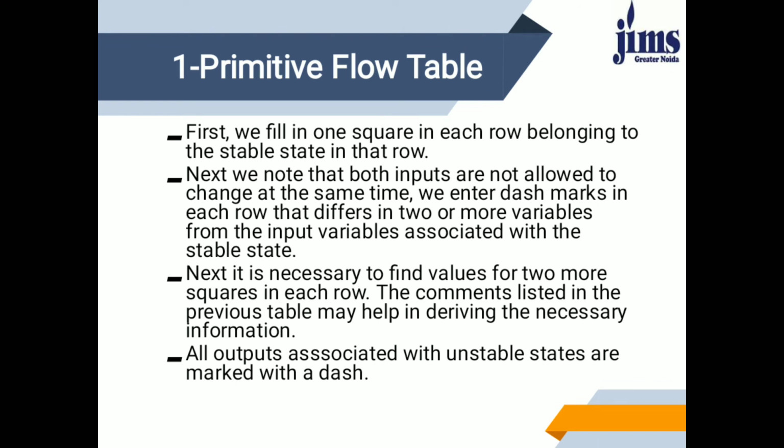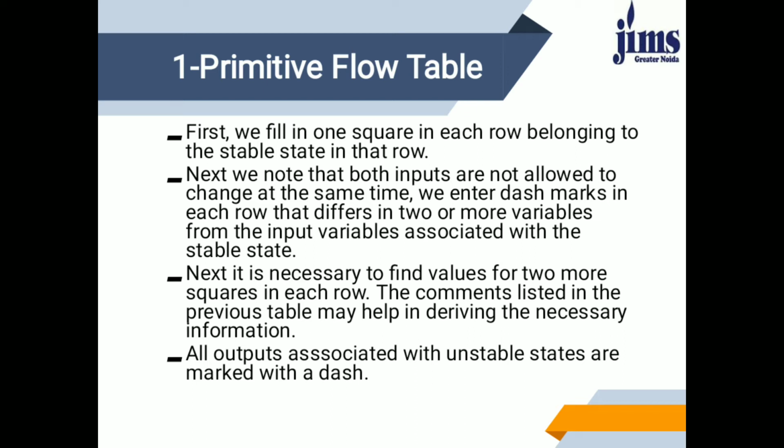First, we enter in one square in each row the stable state belonging to that row. Next, we note that both inputs are not allowed to change at the same time. So we will enter dash marks in each row that differ in two or more variables from the input variable associated with the stable state.